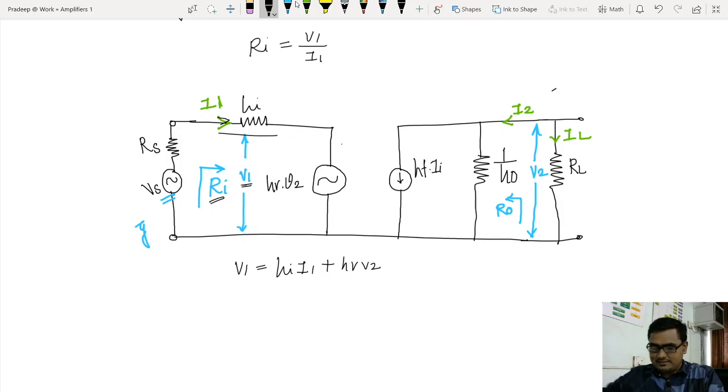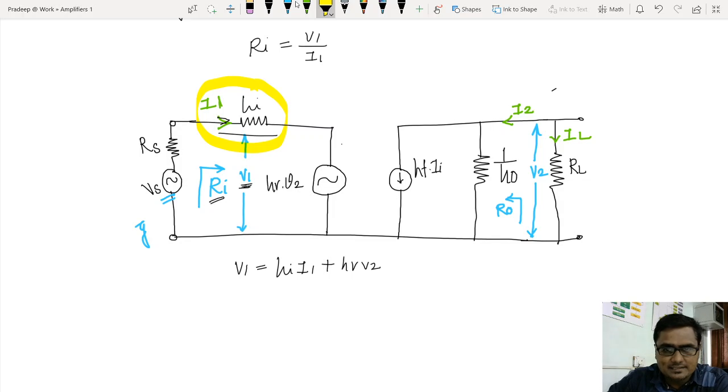Let me adjust that somewhere here. Now see whether I can write properly. Not yet. Now see. Yes, now it's quite okay. Now, Hi I1 plus Hr V2. Now what is this voltage? This input voltage is nothing but the voltage across. Let me check the pointer.